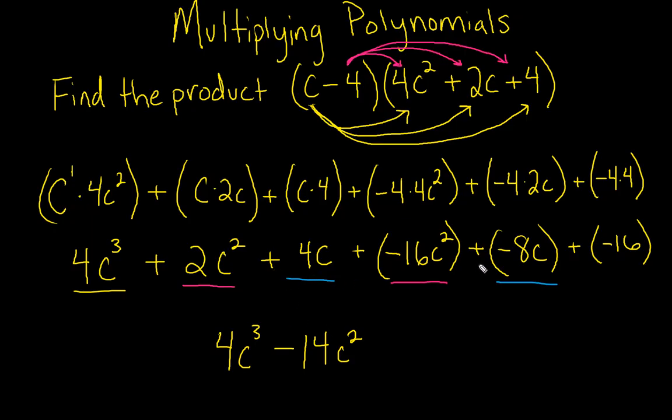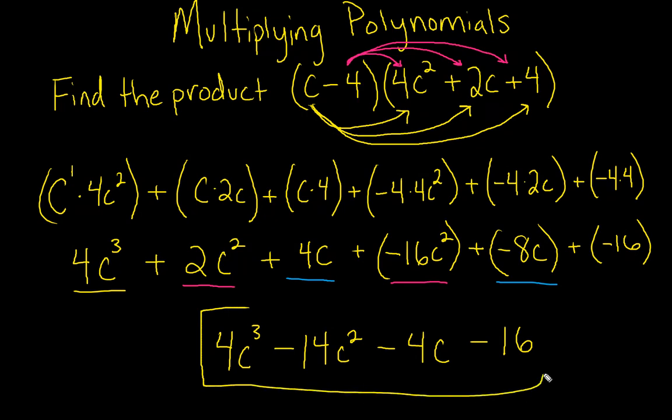Here we have 4c plus a negative 8c, which is just 4c minus 8c, which gives you negative 4c. And then finally, that constant negative 16 comes down for a complete expression of 4c cubed minus 14c squared minus 4c minus 16. And that is your product after multiplying those two polynomials.